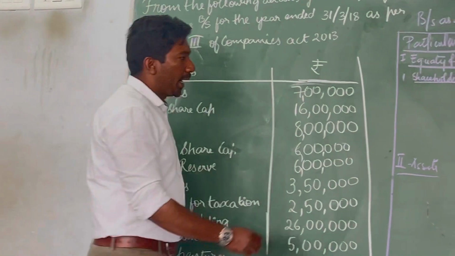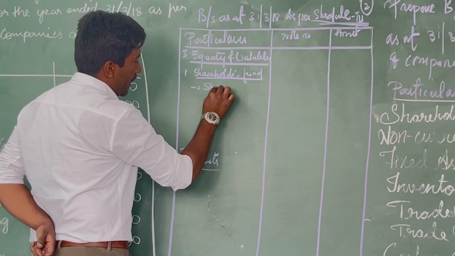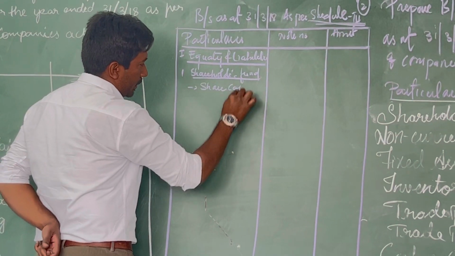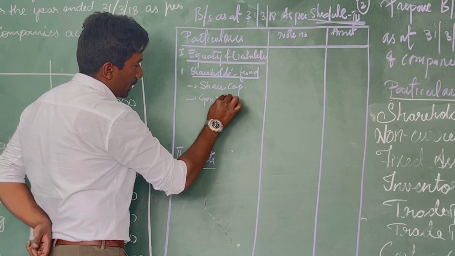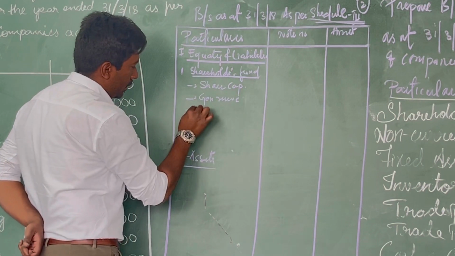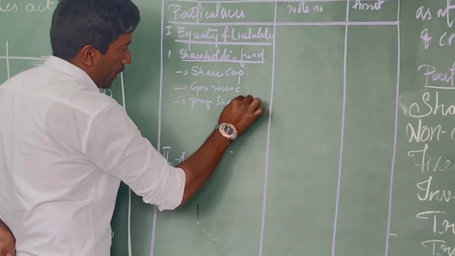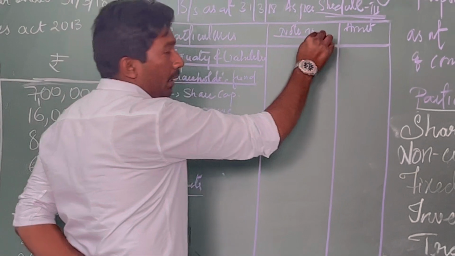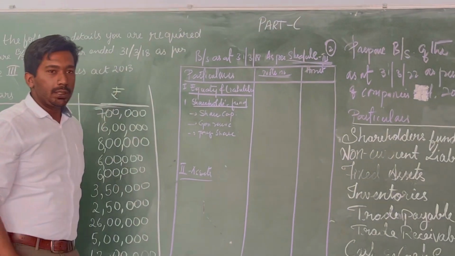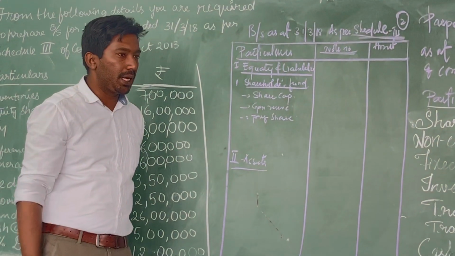So first we will write subheading 1, share capital, general reserve, preference share. So what is the amount they have given? And this is the note number. Note number is given. There we write inner column and outer column in the horizontal balance sheet.